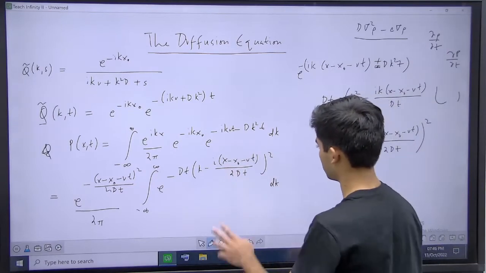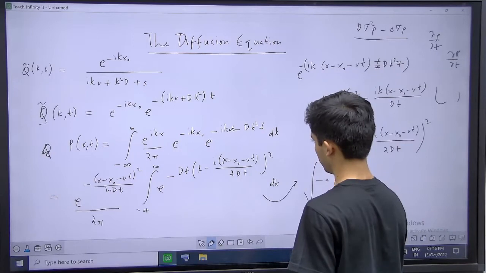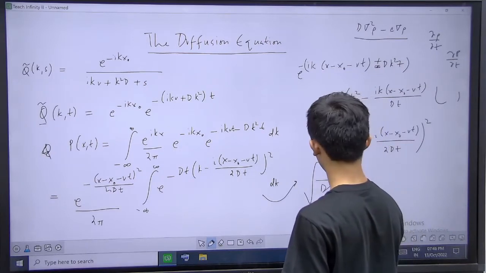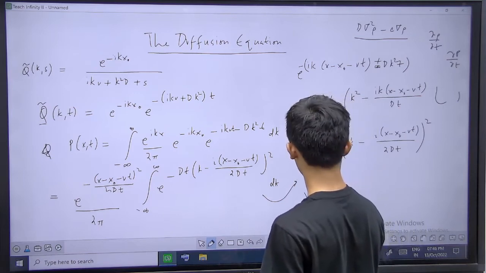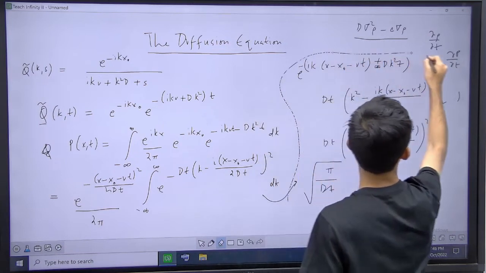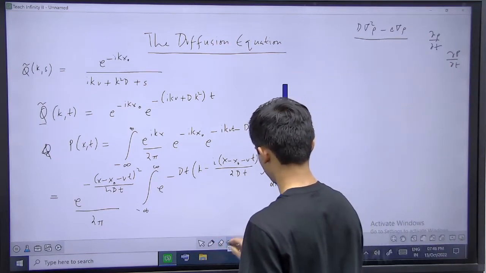And this is just a simple Gaussian integral, and that will get root pi over dt. Correct? Or is it twice that? Yeah, it's this.